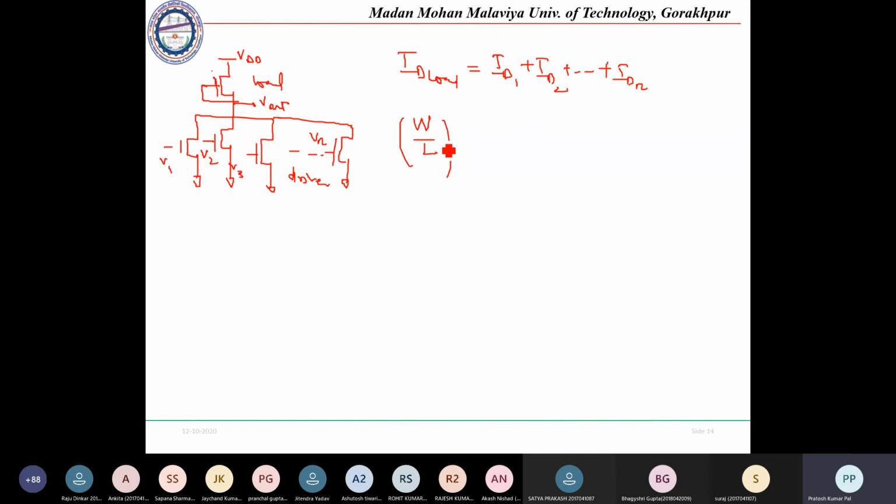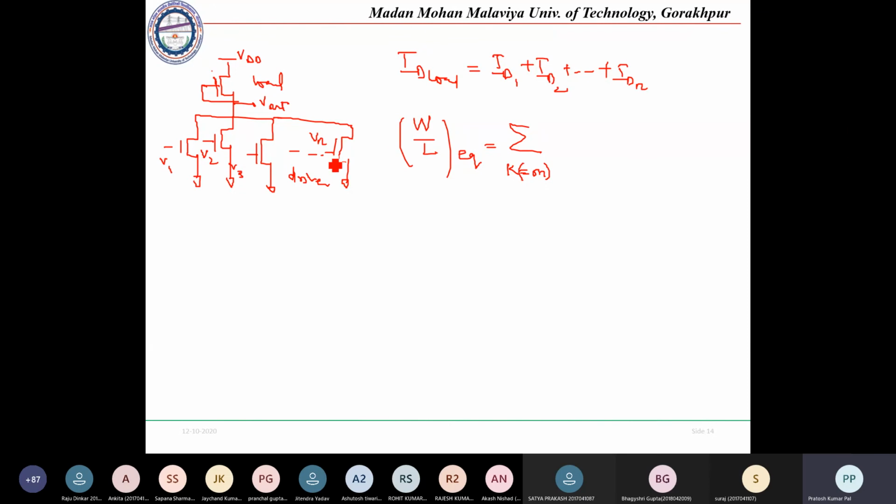Once we are considering the transconductance parameters, all the terms will be the same, only the difference will be with respect to the W by L ratio. So here the equivalent W by L ratio will be given by the summation of the W by L of the transistors that are on.